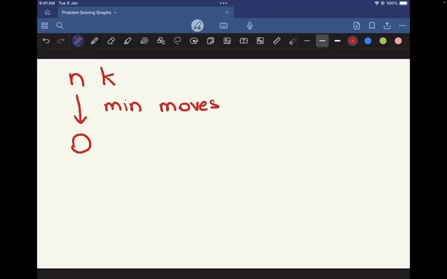Correct, guys? We want to subtract as large a number as possible. So on every move, we find an x such that k raised to x is smaller than or equal to n. And after that, we do n is equal to n minus k raised to x. Yes or no?